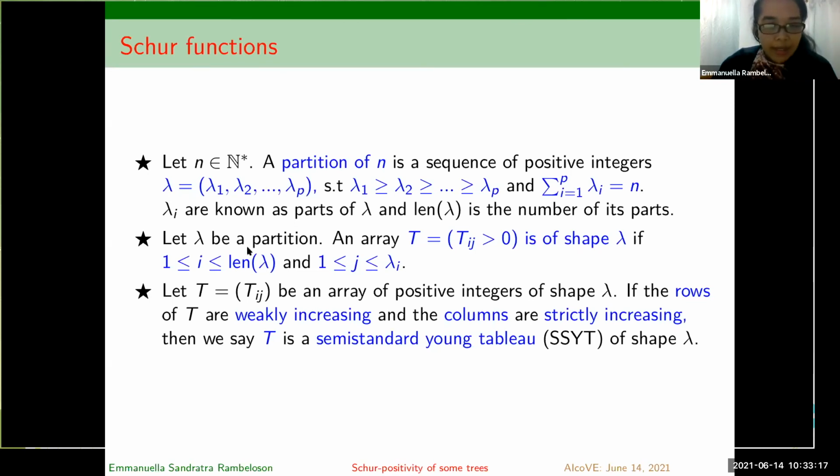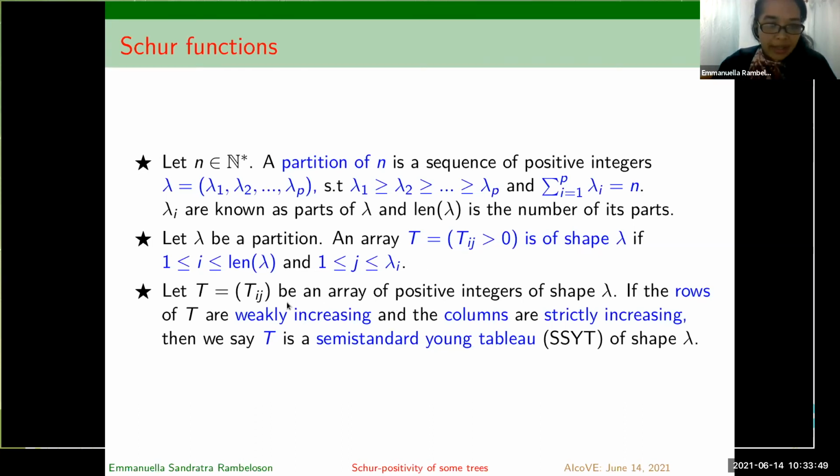Now, if we take lambda, a partition, we say that this array T of positive integers is of shape lambda if the number of rows of T is the length of lambda, and if the number of columns of T in each row i is lambda i, which means that the number of columns of T differs per each row i.